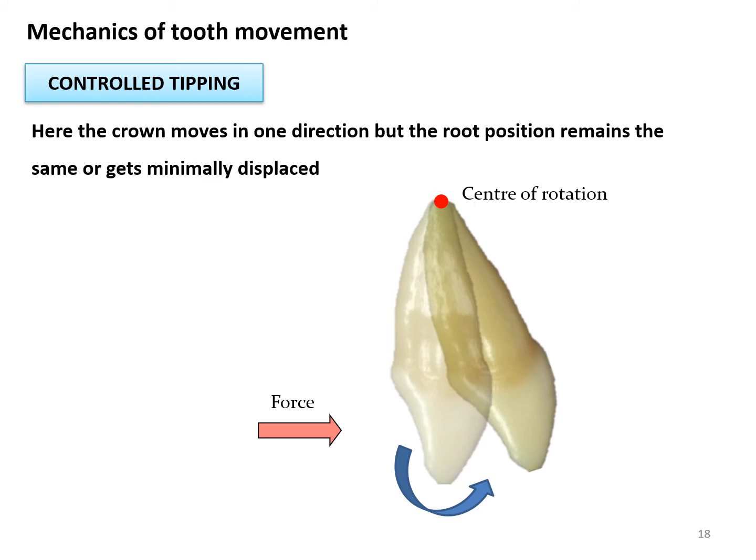So the force makes the tooth rotate around its center of rotation. However, there is movement of the crown in one direction, but the root position remains the same or gets minimally displaced. This is what is known as controlled tipping.